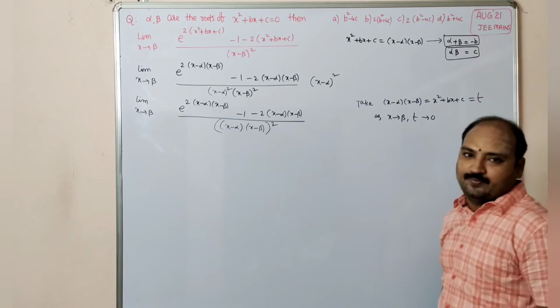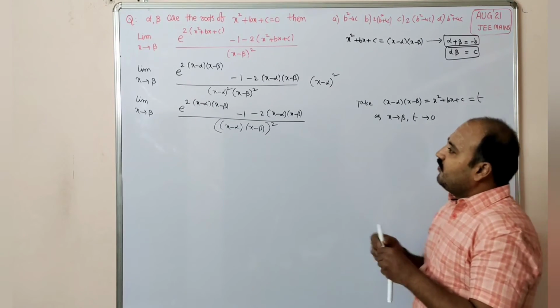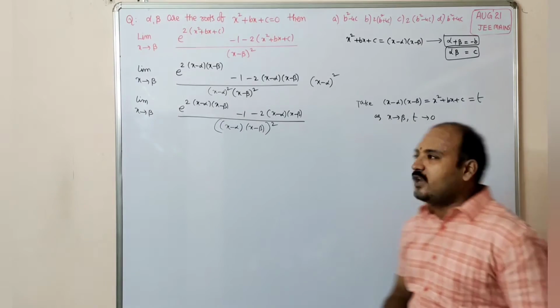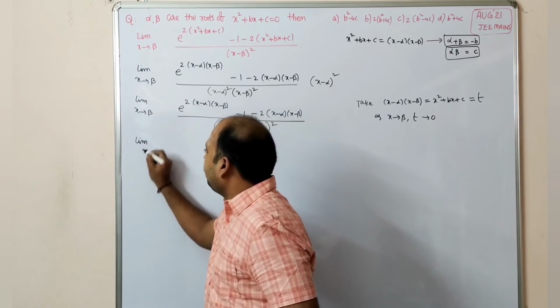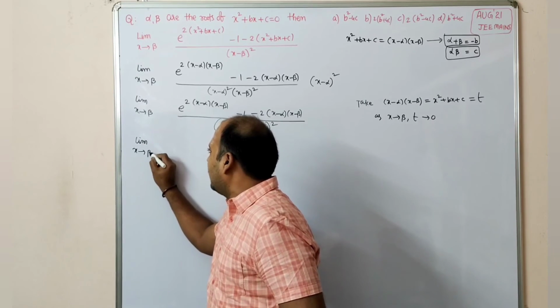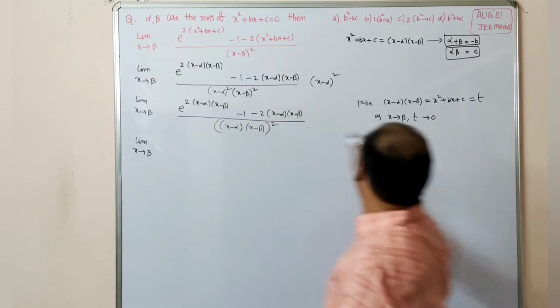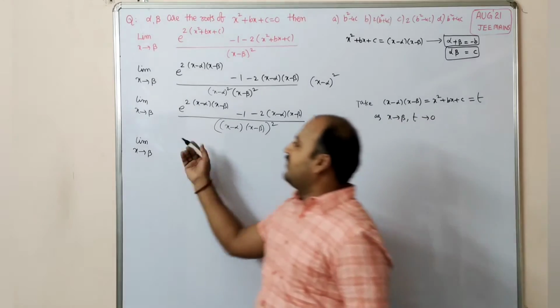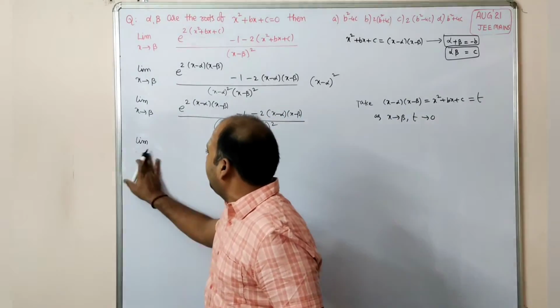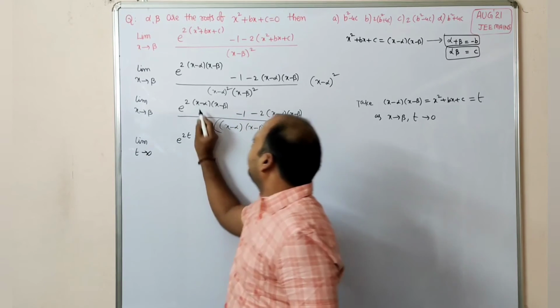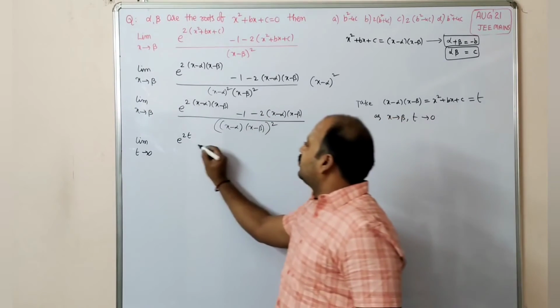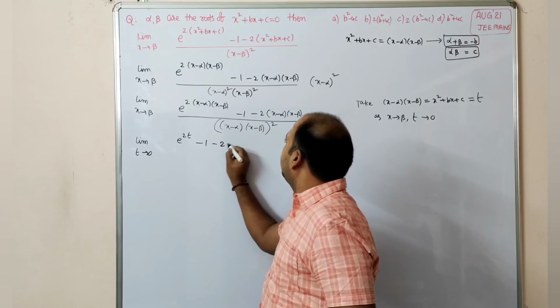So t tends to 0. Now, wherever x minus alpha and x minus beta is there, you replace with t. Limit x tends to beta means t tends to 0. According to our convenience we will use it. In the first term itself I am using t tends to 0, e power 2t, this value t I am taking, minus 1 minus 2t.